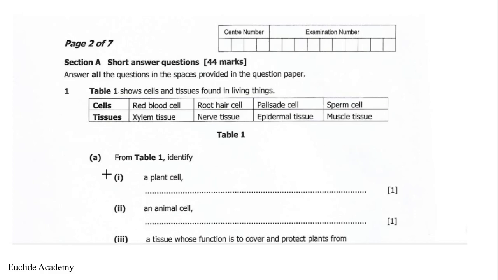Question A reads, from table 1, identify a plant cell, an animal cell, a tissue whose function is to cover and protect plants from mechanical damage. We're going to look at the first two for now. So, identify a plant cell. This will be easier, I believe.